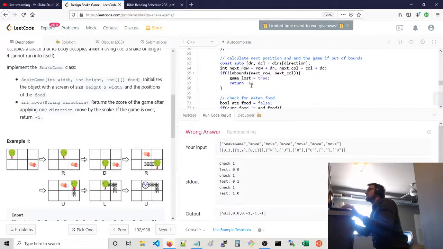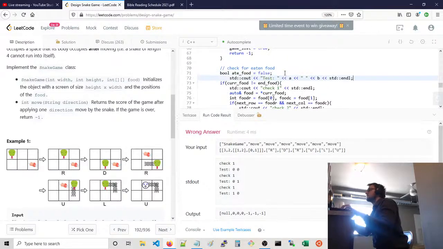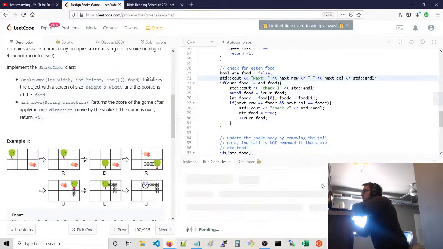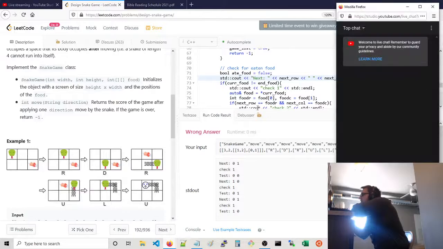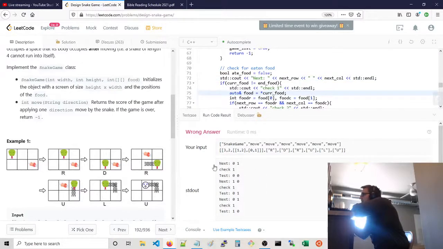What is next row, next column? It's taking a while, man. It's taking a lot longer than it needs to. I think I could have done this a lot more efficiently. So next 0, 1, which is correct, right? Next column.